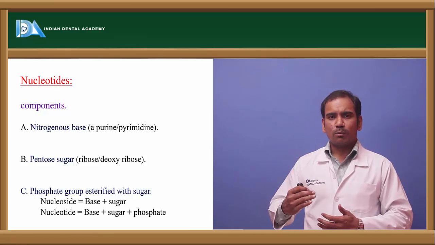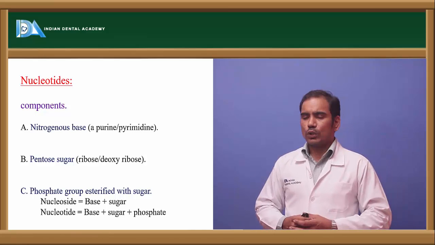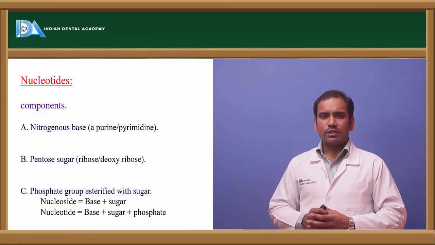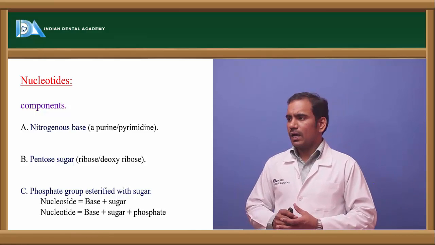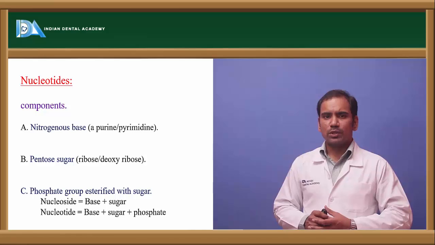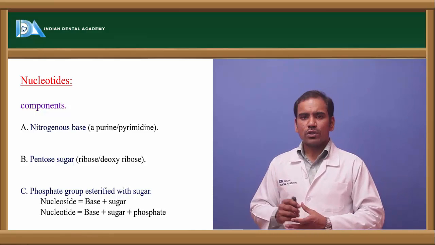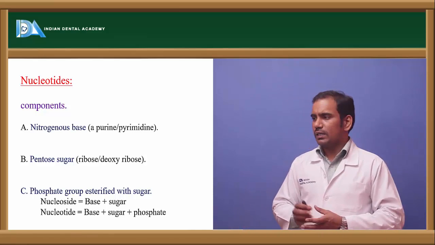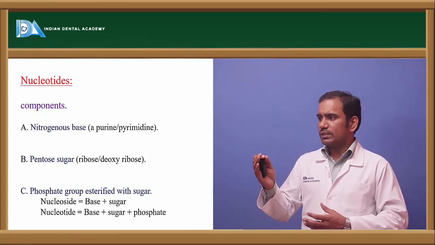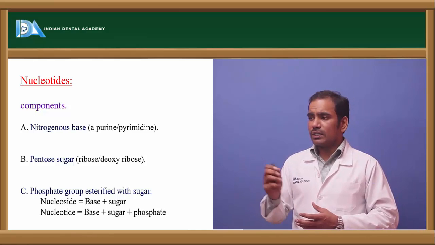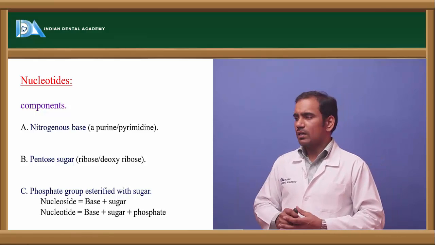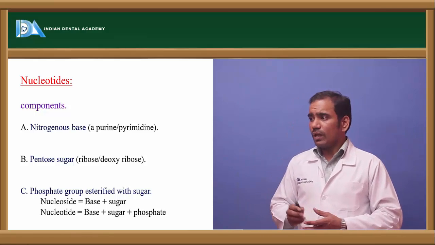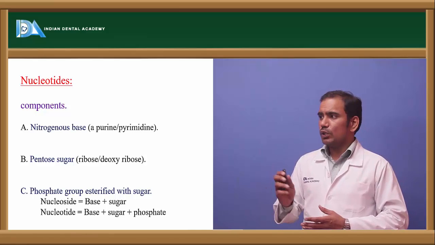The nitrogenous base may be purine or pyrimidine, the pentose sugar, a 5-carbon sugar, may be ribose or deoxyribose, and the third component is the phosphate group. This phosphate group is esterified to the pentose sugar, and that makes the nucleotide.